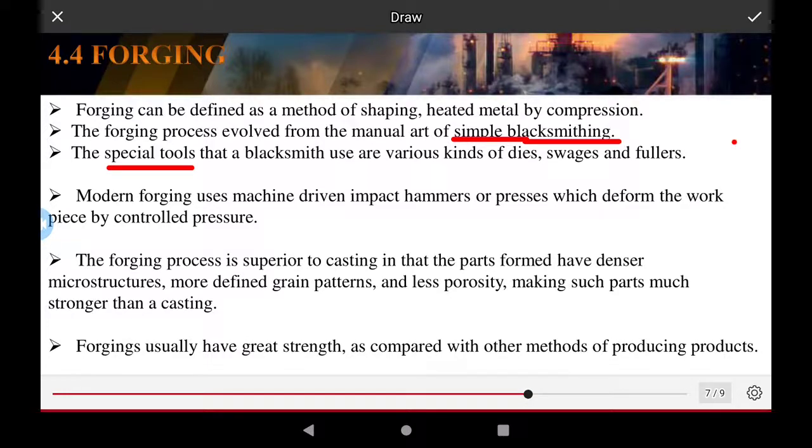The special tools that the blacksmith uses are various kinds of dies, swages, and flatters.